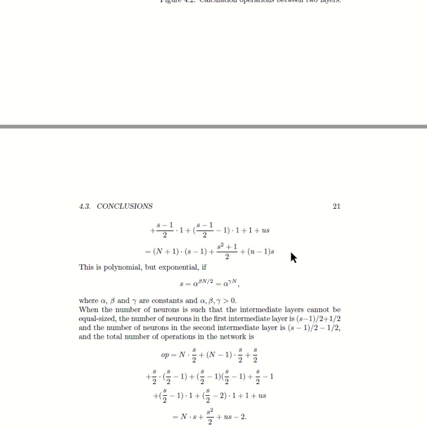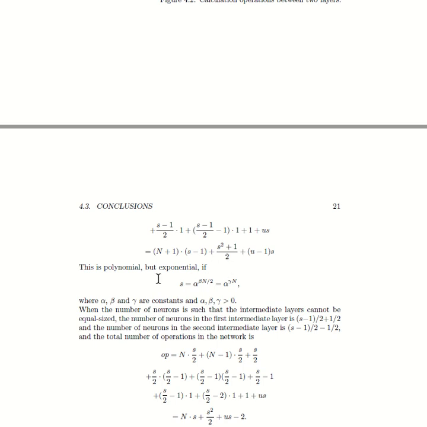With this, if we use just plain S, the number of neurons, then this is polynomial, and we cannot solve NP-complex problems.